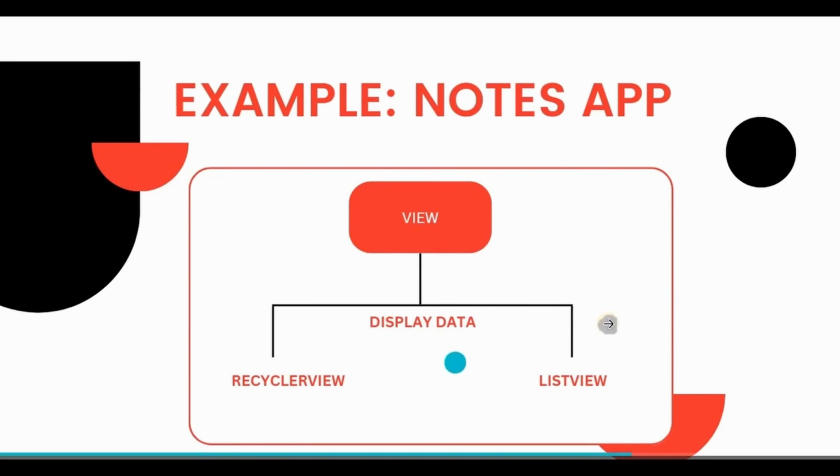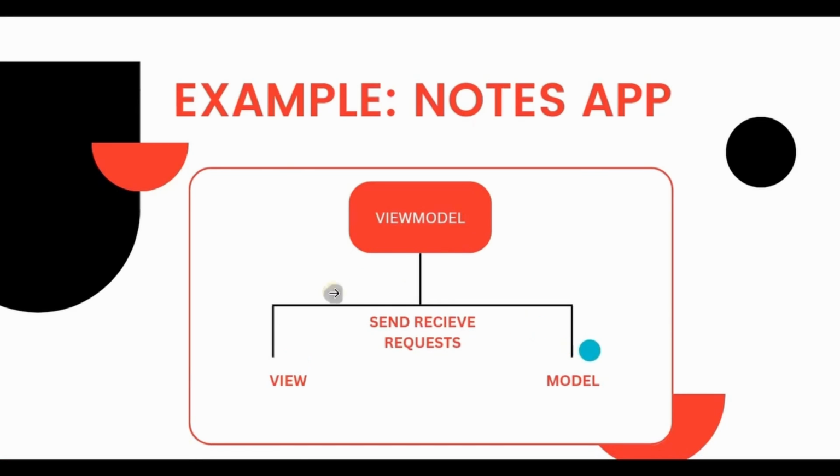And a RecyclerView, ListView that displays the notes as UI, that is basically a view. And then comes the ViewModel, which acts as a mediator between them to send and receive requests. Requests as in read the data, write the data, update the data or delete the data.